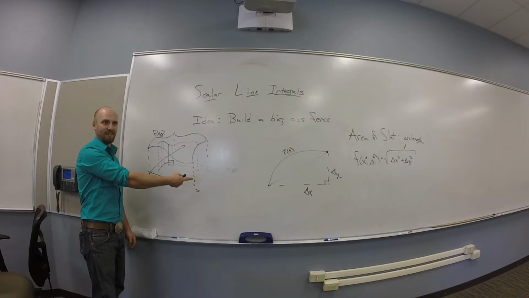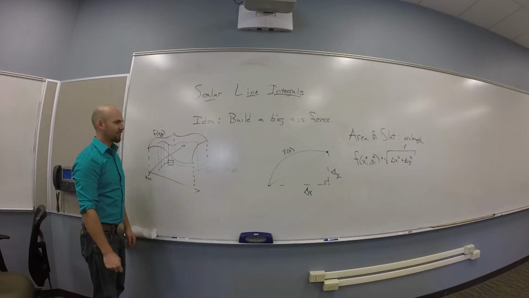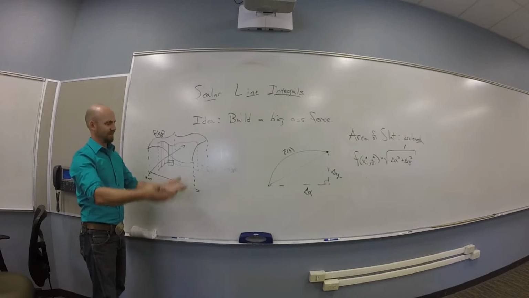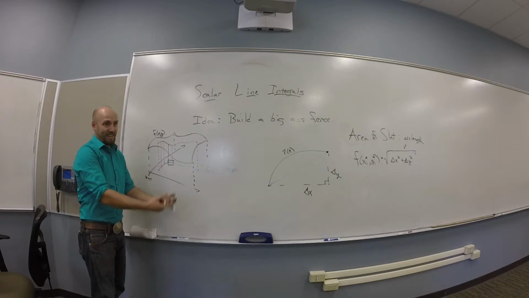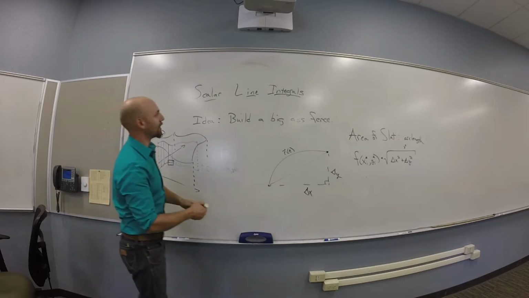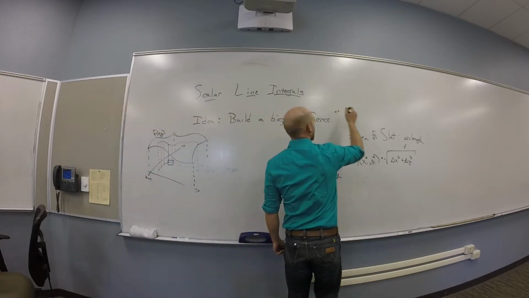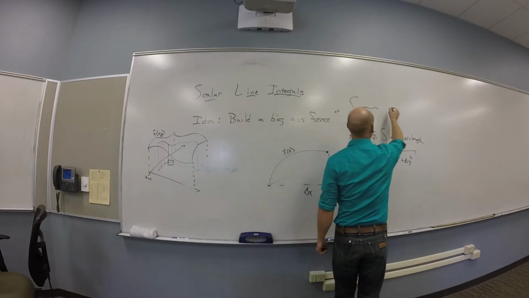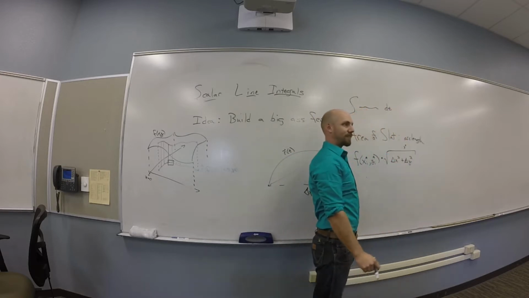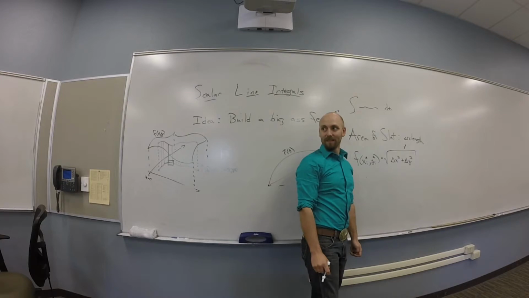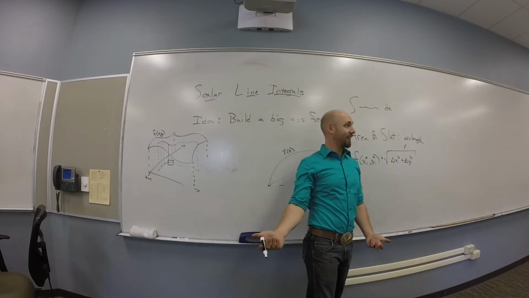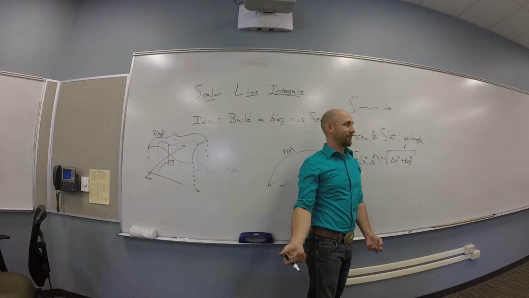So I need some t's somewhere. Where do you get the t's from? The object I get at the end should look something like you integrate some stuff dt. Couldn't you write delta x and delta y in terms of some delta t? Yeah, I think we probably should.